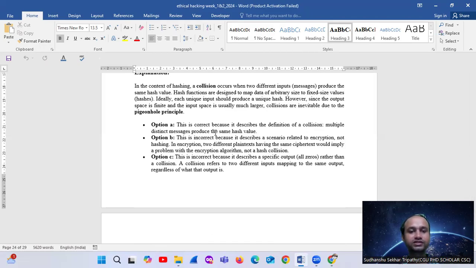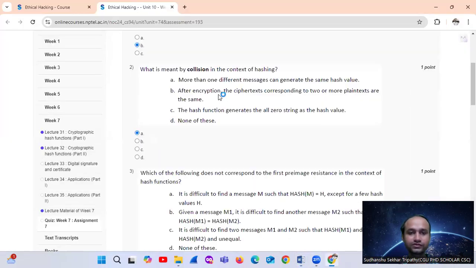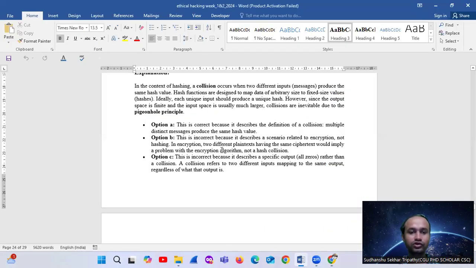So option A, this is correct because it describes the definition of a collision. Multiple distinct messages produce the same hash value. Okay. So option A should be true क्योंकि more than one different messages can generate the same hash value. ऑप्शन ए ट्रू हो गया. ऑप्शन बी false because it describes a scenario related to encryption, not hashing. In encryption, two different plain texts having the same ciphertext would imply a problem with the encryption algorithm, not a hash collision.